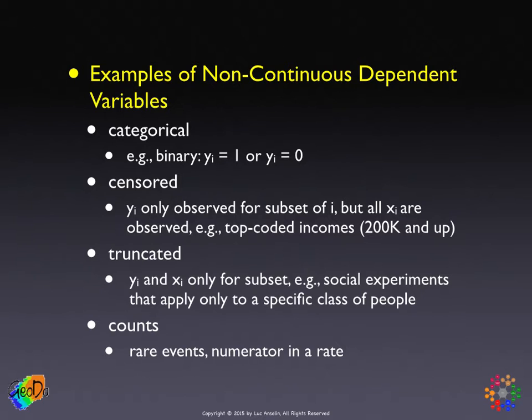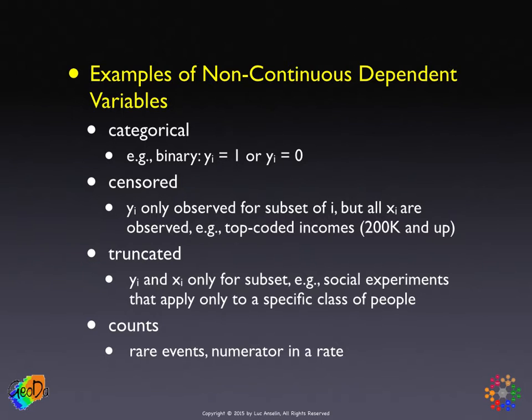The censored case is where you only observe the dependent variable for a subset of the observations, but you have observations on the explanatory variables for everyone. For example, this happens a lot in surveys or social experiments where there is a top income category.